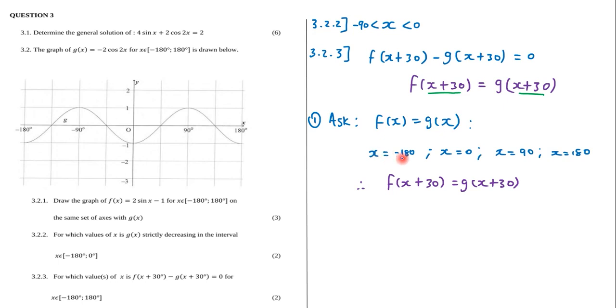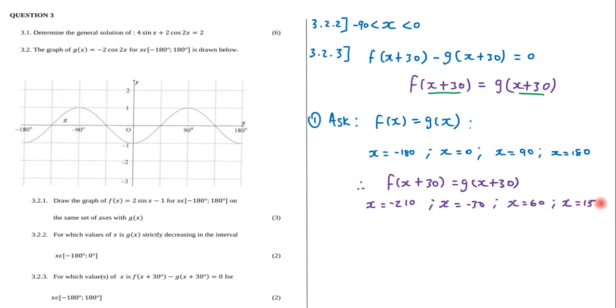So now here we can see that when we have minus 180, if we subtract 30, it gives us minus 210. So it means here we have x as minus 210, and then there we have x as minus 30, and another one we have x as 60, and another one we have x as 150.